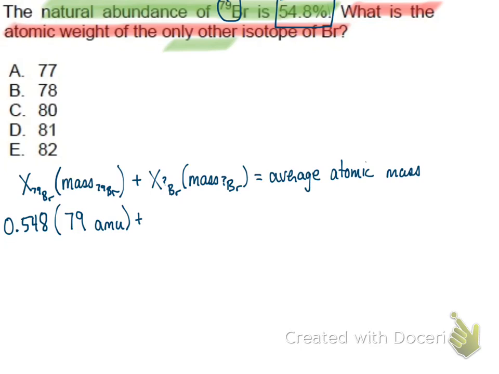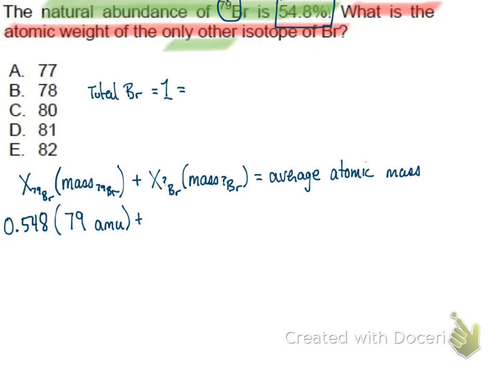Then we need to add in the fraction of the other bromine. How do we do that? Well, something to realize is that the total amount of bromine is just going to be equal to 1. The fraction 1 is the total amount. It's like 100%.